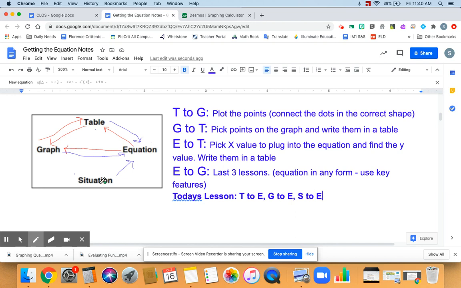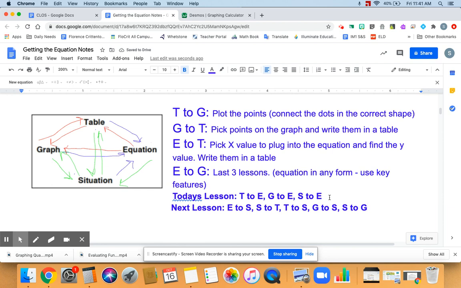So besides situation to equation, which we're doing today, tomorrow I'll show you how to go from an equation to a situation, a table to situation, a graph to a situation, as well as going from the situation back to the table or from the situation back to the graph. Equation to situation, situation to table, table to situation, graph to situation, and situation to graph.